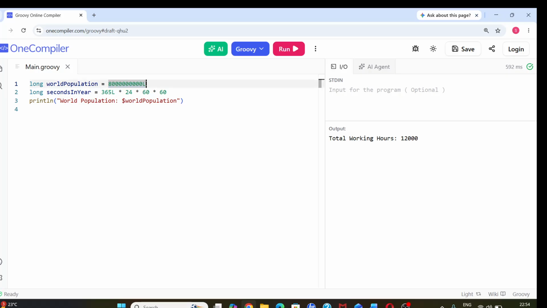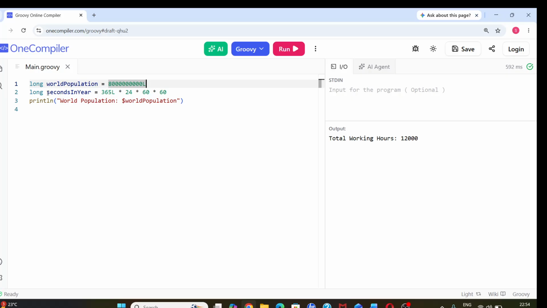So here you can notice this letter L at the end. This L tells Groovy that the number should be treated as a long type because the value is too large for an integer. So now the variable worldPopulation stores the number 8 billion.